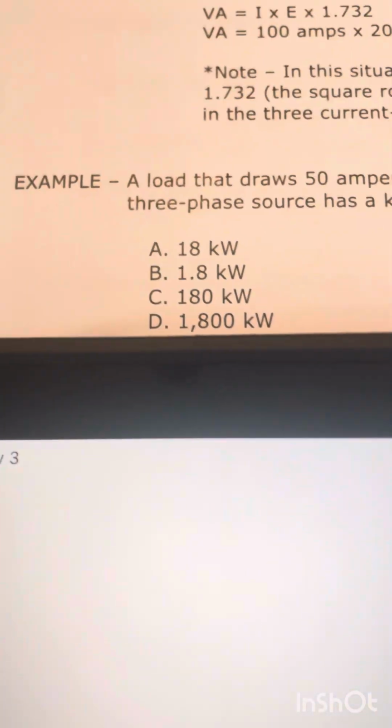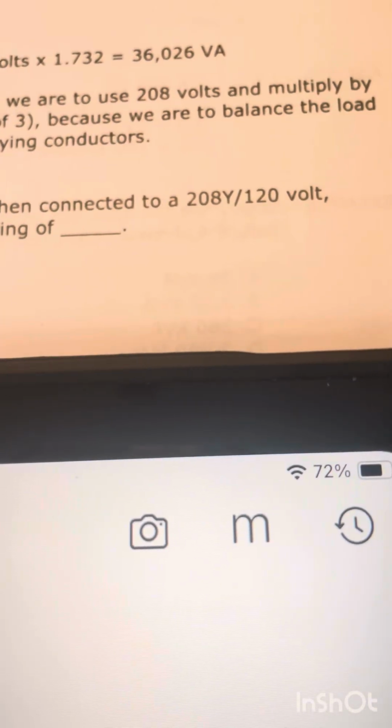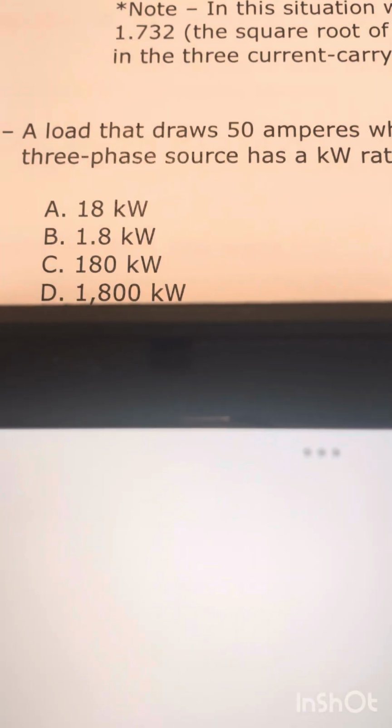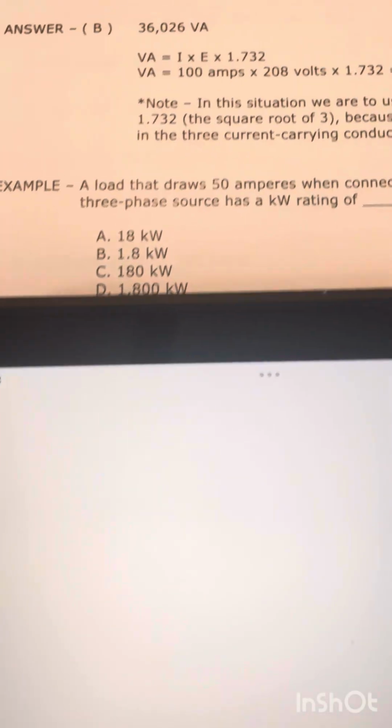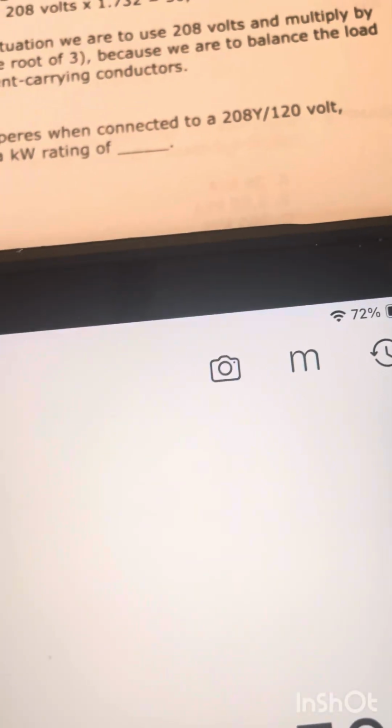Okay, let's do another example. A load that draws 50 amperes when connected to a 208/120 volt three-phase source has a kilowatt rating of? Very easy. You take the 50 amps, you multiply it times 208 equals 10,400.